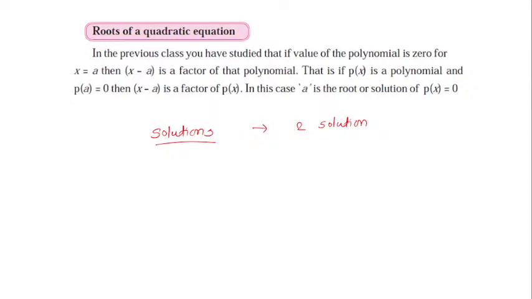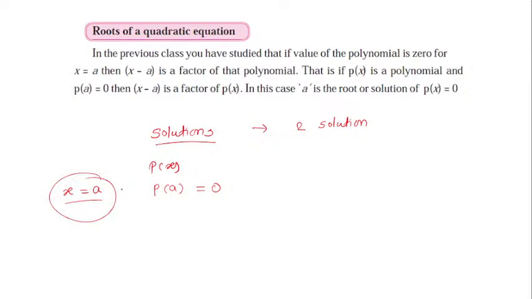Now we have the definition from the previous class, that is the 9th class. We have stated that if a polynomial is given, suppose any polynomial p of x, and instead of variable x, we have a number a, any number, and if p of a is equal to 0, then in that case we say that x is equal to a is the solution of that polynomial.